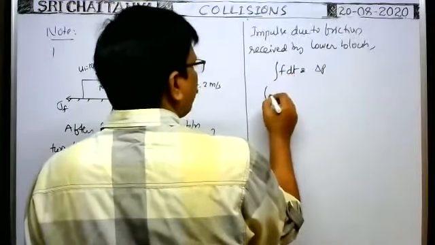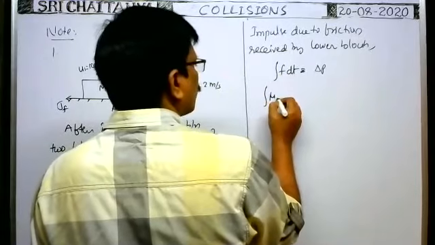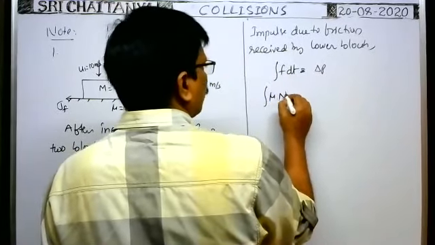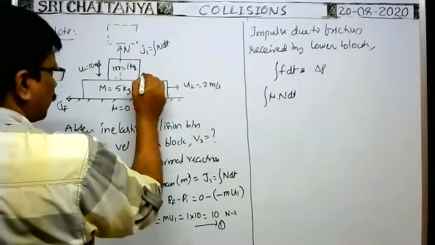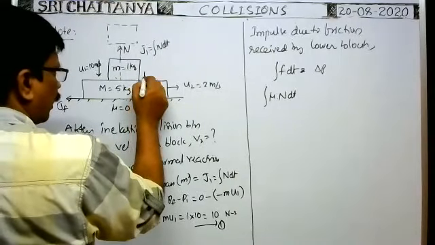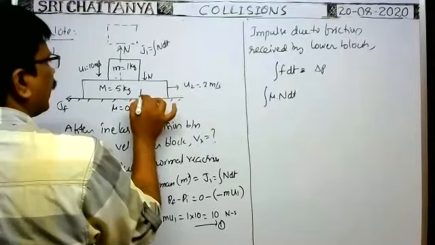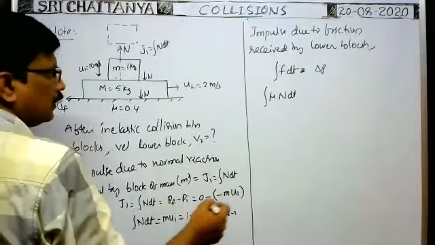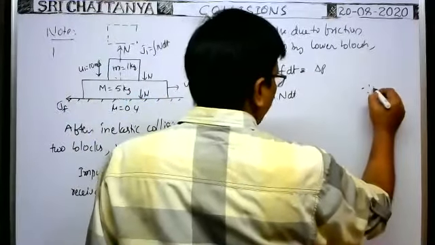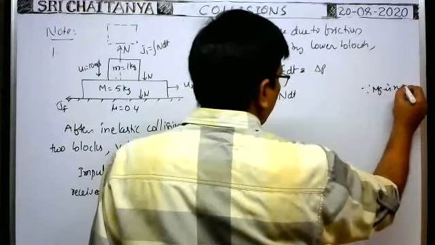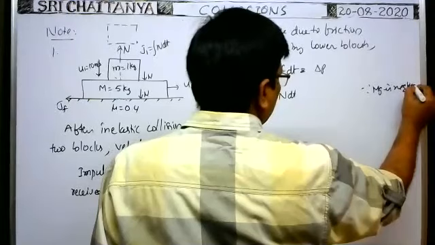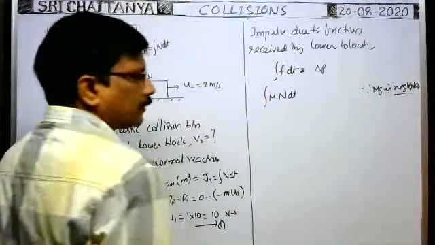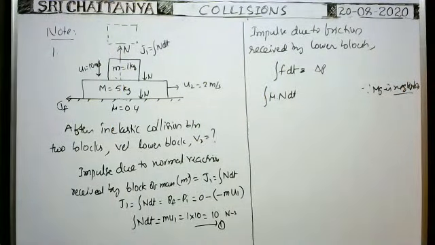So integral f means mu, the coefficient of friction, into normal reaction into dt. Whatever normal reaction is exerted by this block on the lower block, the same normal reaction acts, because the weight is negligible. Weight capital Mg is negligible compared with the normal reaction. That is a very, very important point.